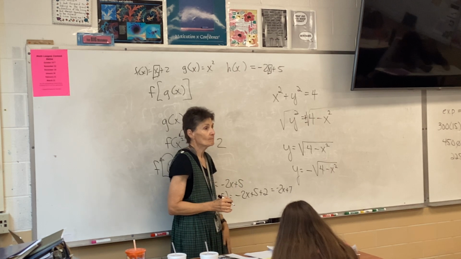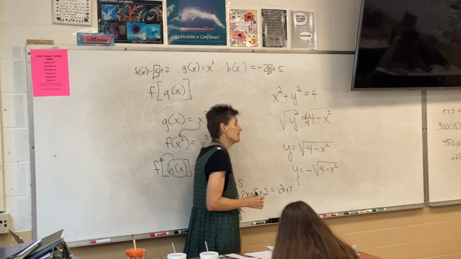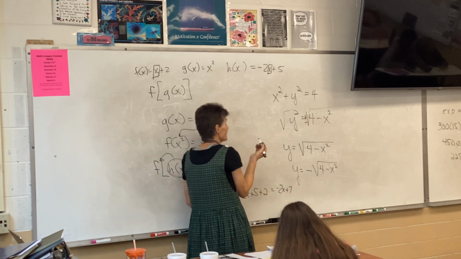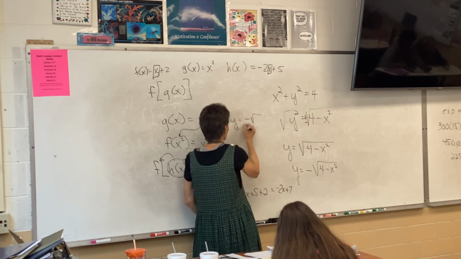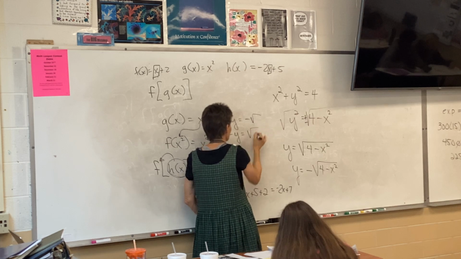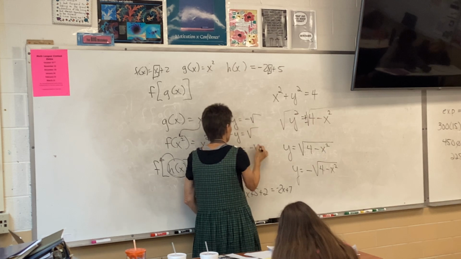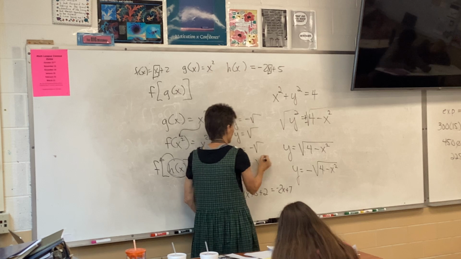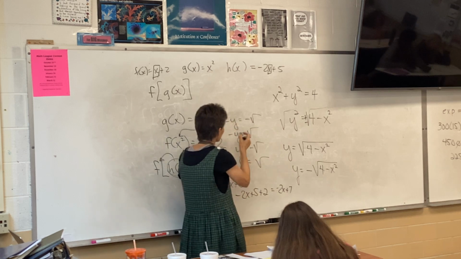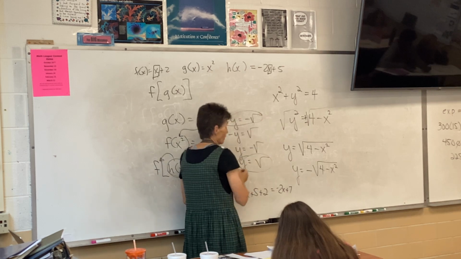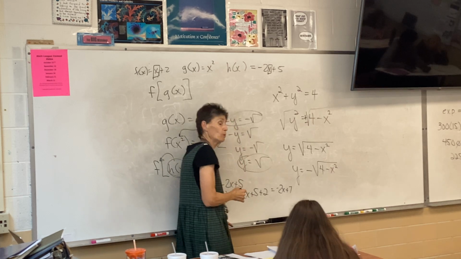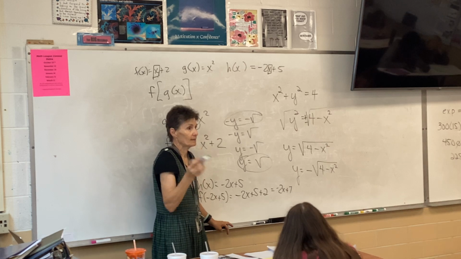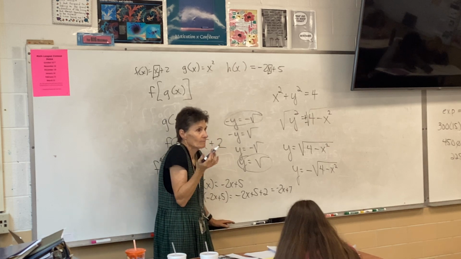Why is it only plus or minus on one side? Well, remember, if I put plus or minus on both sides, it would say negative y equals negative radical, negative y equals positive radical, y equals negative radical, and y equals regular radical. Well, this one and this one are the same, and these two are the same. So you can put plus or minus on both sides, but it's overkill.